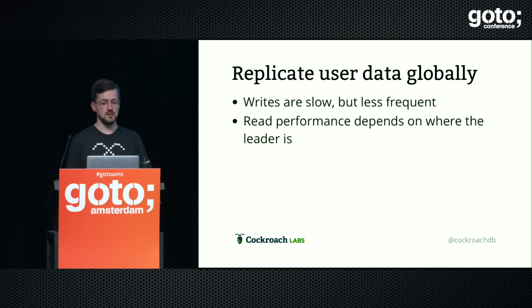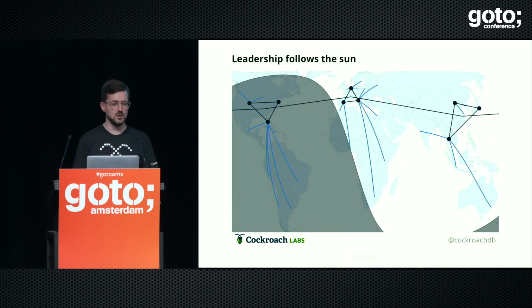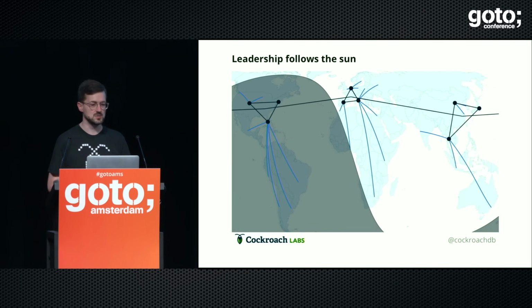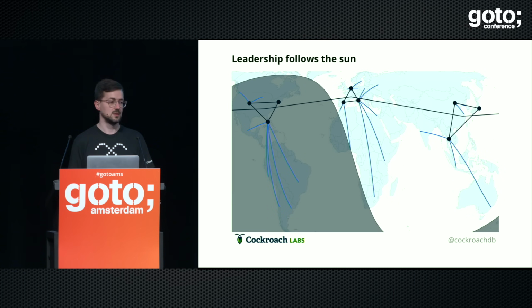And so the really powerful thing that makes it possible to use this as a strategy for your user data is a trick that CockroachDB supports called follow the sun. This is based on the observation that any sort of application is going to have daily patterns in its usage.